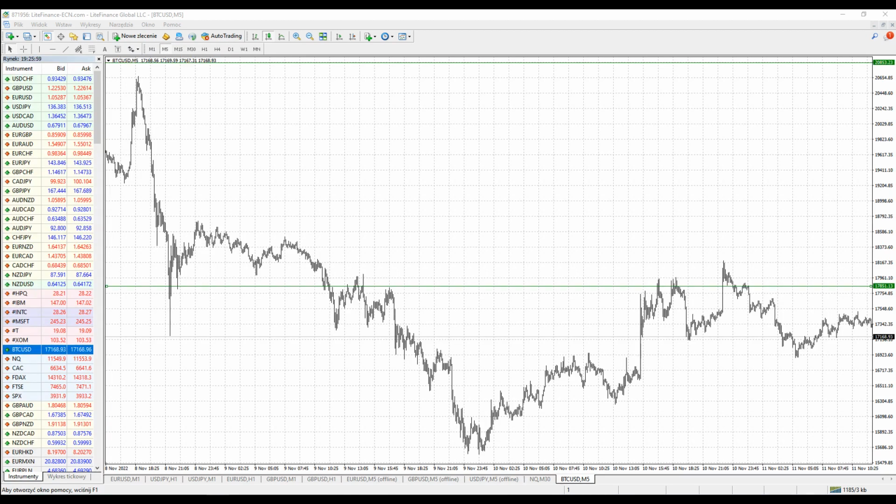I'm trying to figure out where my entry is and what my stop is going to be, because the stop is the most important thing in that case, okay? The latest upper shadow is my stop.